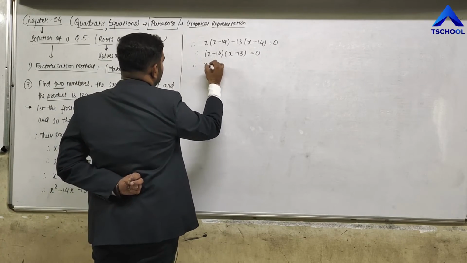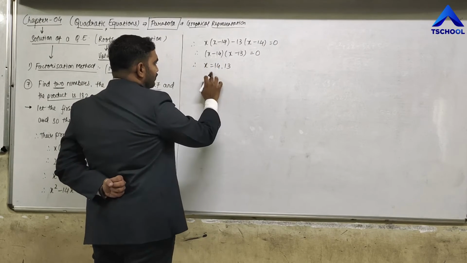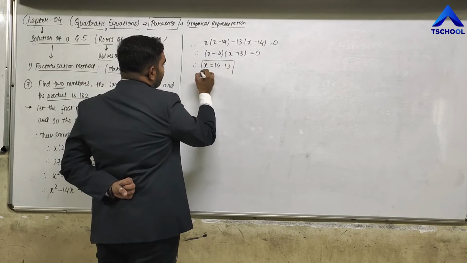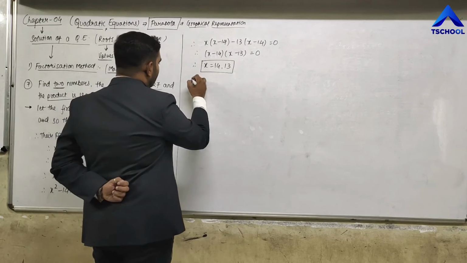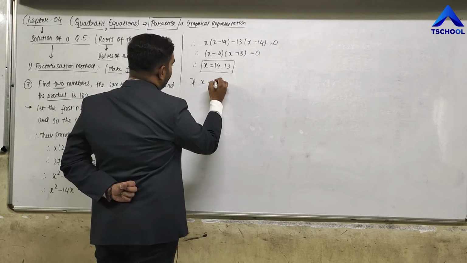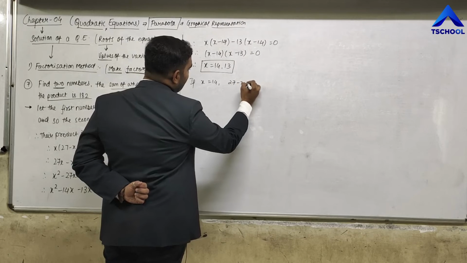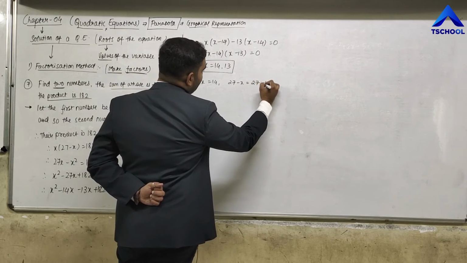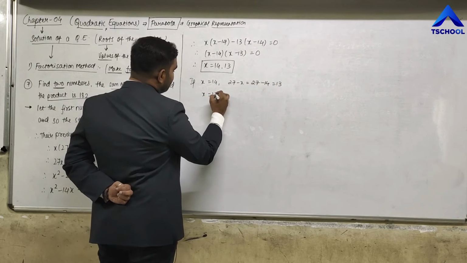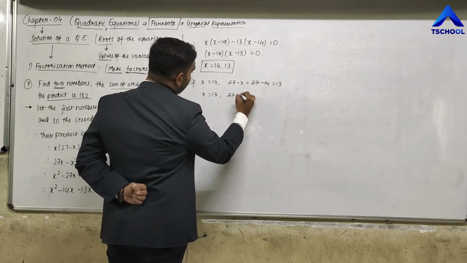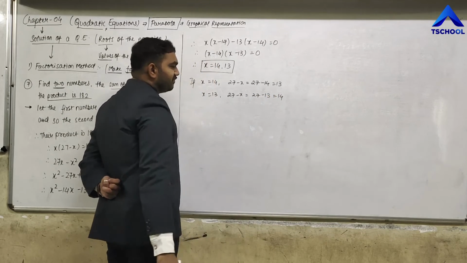Therefore, x is equal to 14 or 13. So this x here means the first number. Right? Now, we need the numbers. That means if x is equal to 14, then 27 minus x, that is 27 minus 14, is equal to 13, and if x is equal to 13, then 27 minus x is 27 minus 13, which is equal to 14.